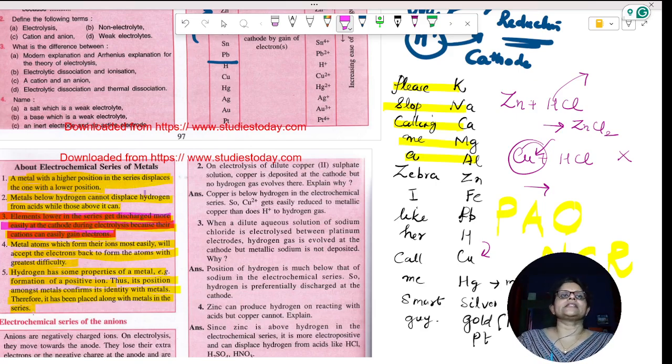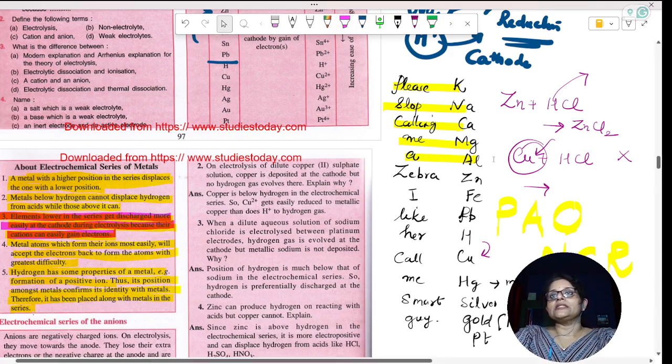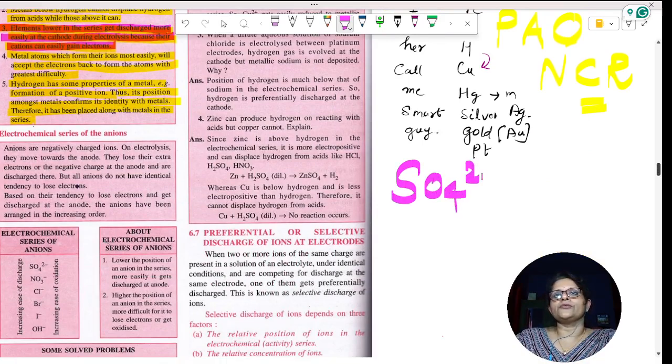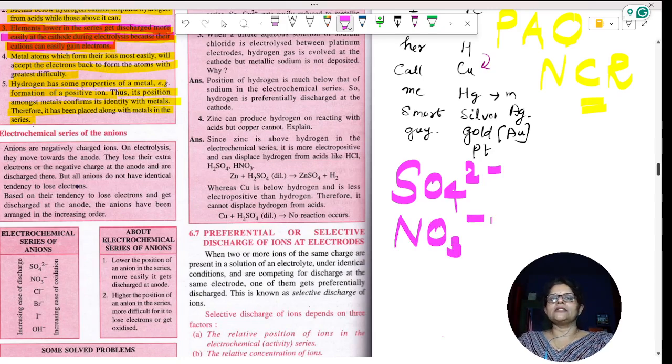Okay, then. There is an electrochemical series of anions as well. The first one there is SO4 2 minus. Only a few are written over there. Then comes NO3 minus. If you can find a mnemonic for this, then it is fine.